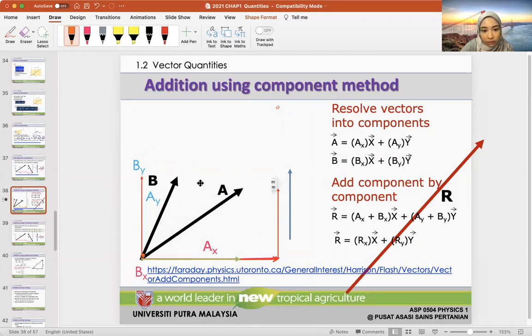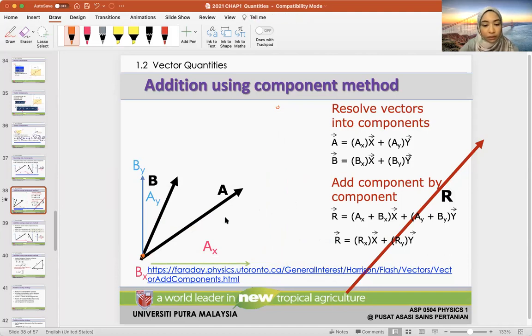Sama pula. Okay, saya dah lupa rupa gambar tadi macam mana sebenarnya. Kejap. So this is AX ke tak? Okay, let me just redo this. Confusing.